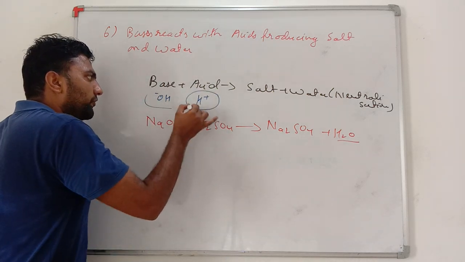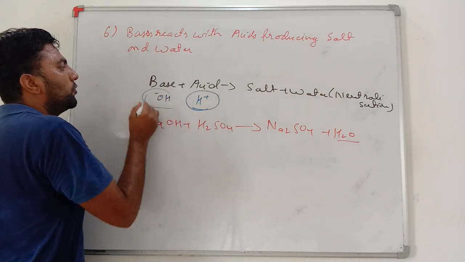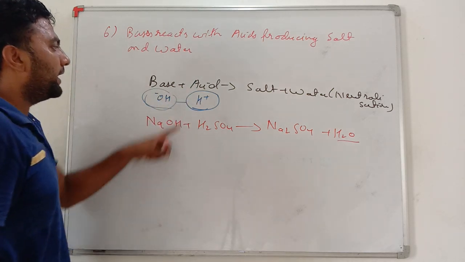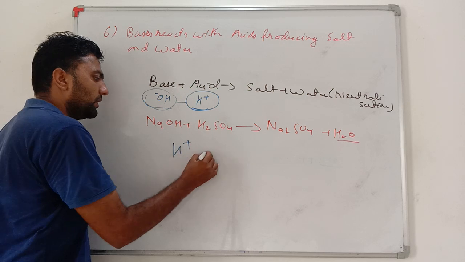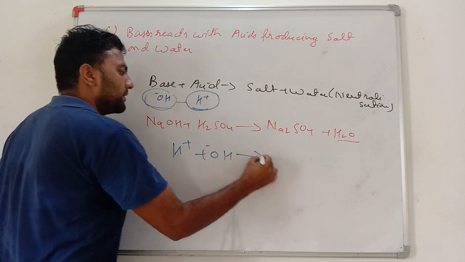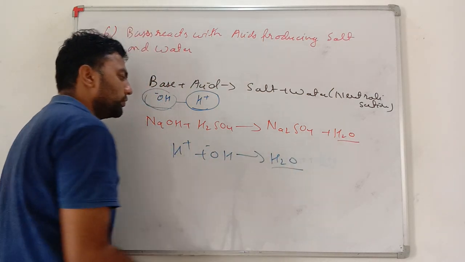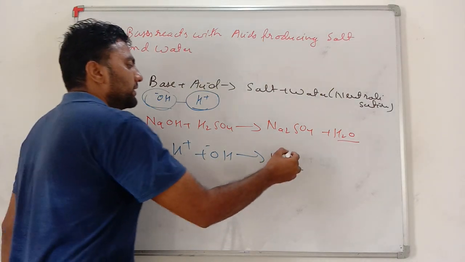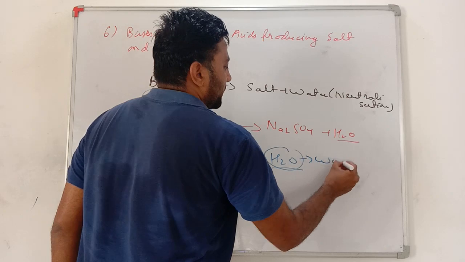As these are free and oppositely charged, they attract each other, and H plus plus OH minus gives H2O, which is water.